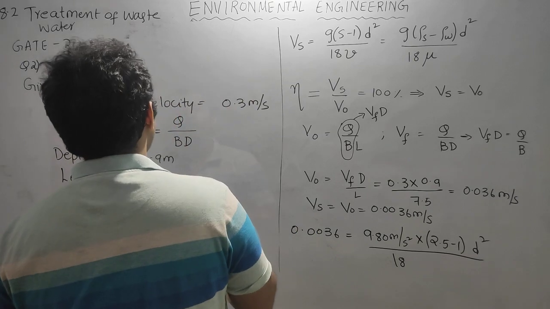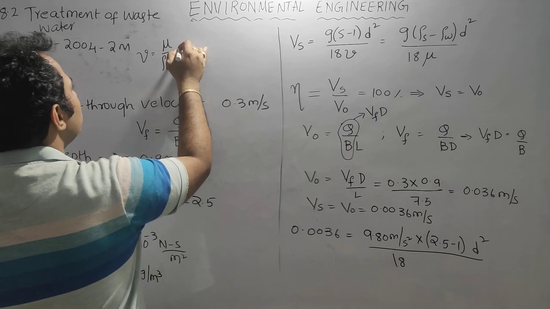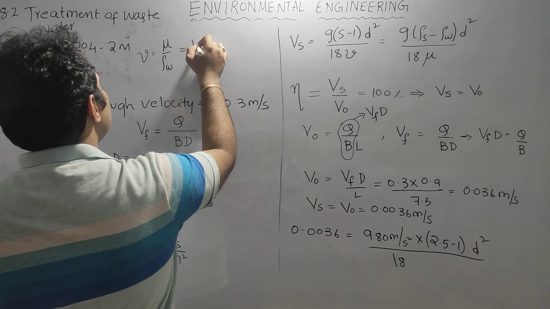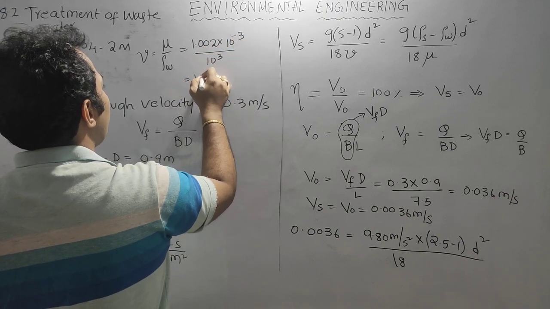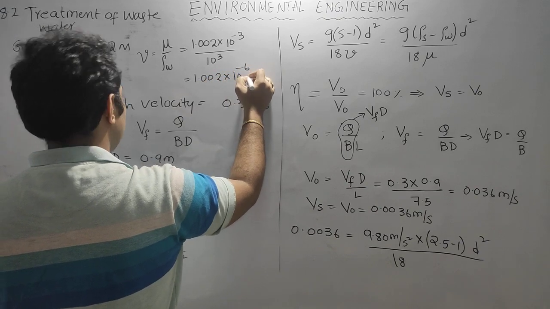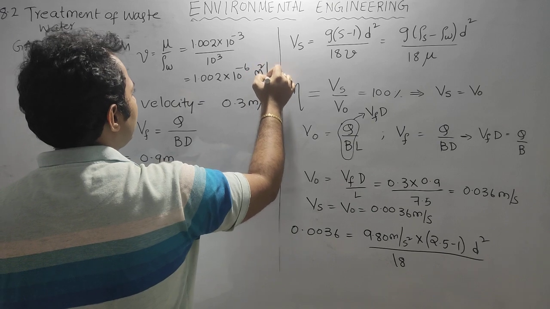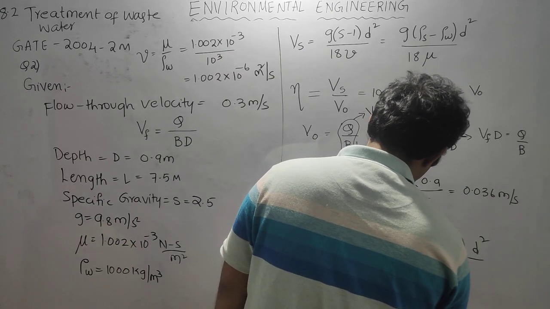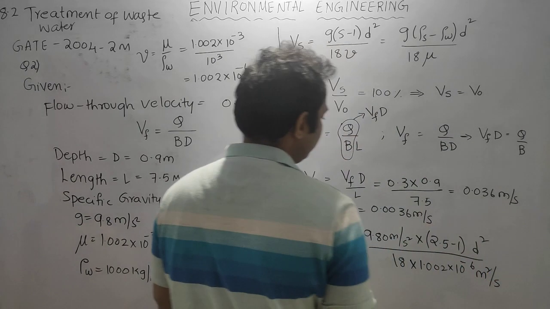So this is mu, and nu is equal to mu by rho W. Mu is in Newton second per meter square, so it is 1.002 into 10 to the power of minus 3 by 10 to the power of 3, that is 1.002 into 10 to the power of minus 6. Newton second per meter square by kg per meter cube comes out as meter square per second. So nu is equal to 1.002 into 10 to the power of minus 6 meter square per second.